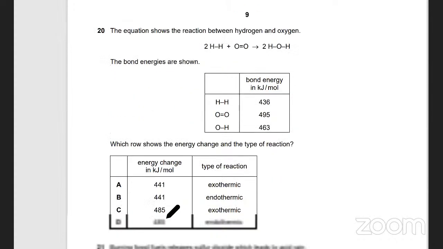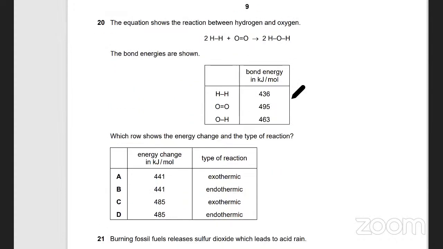अच्छा, ये bond ये calculate करो ना, bonds broken plus है और bonds formed, that's all minus, ठीक है? Try and find the answer to this.